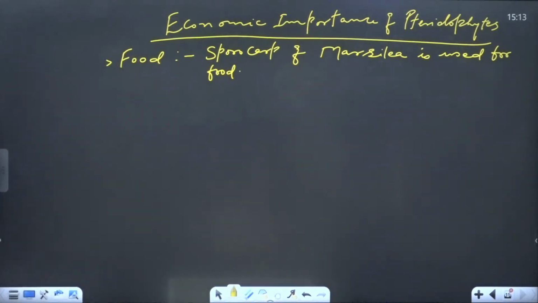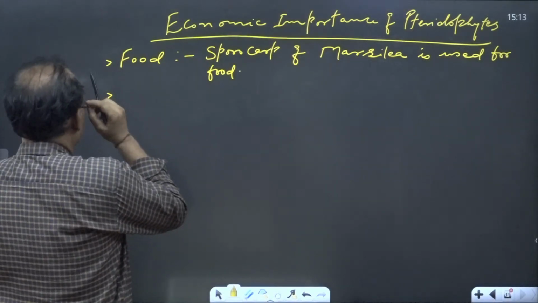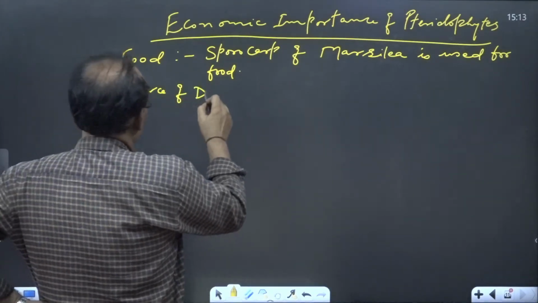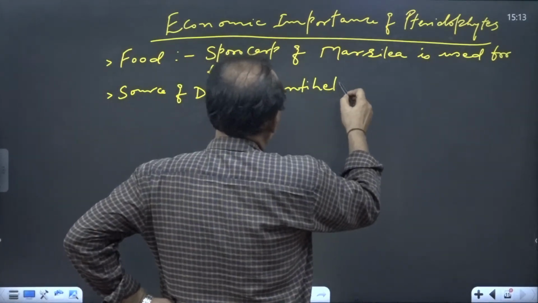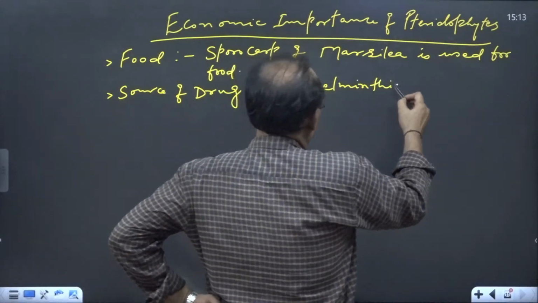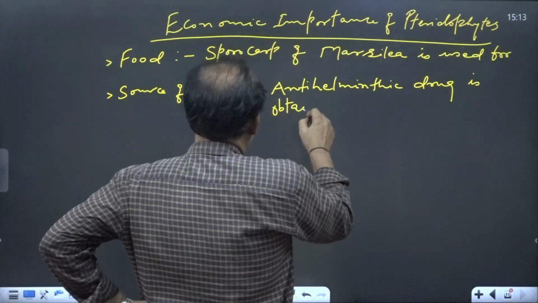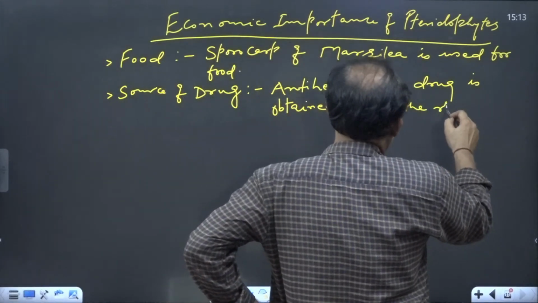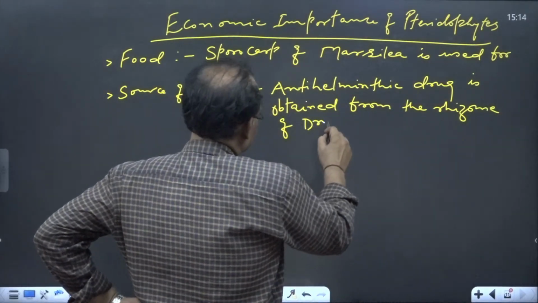Next point, write that source of drug: anti-helminthic drug is obtained from the rhizome of Dryopteris.